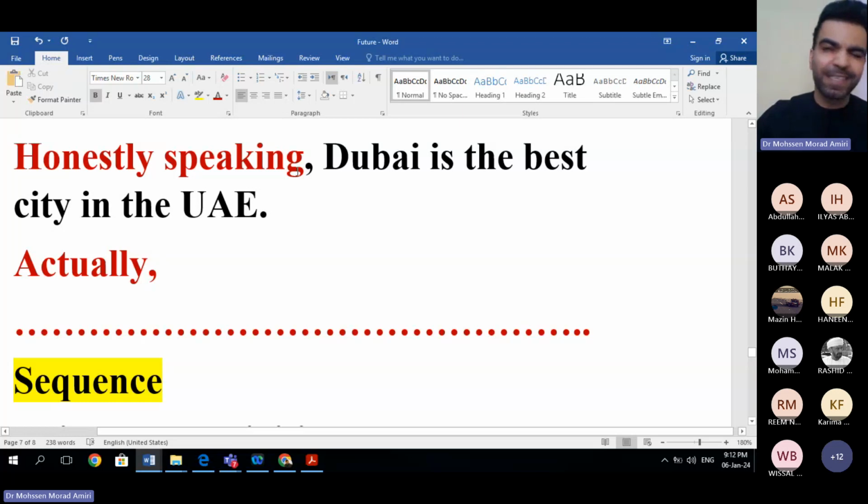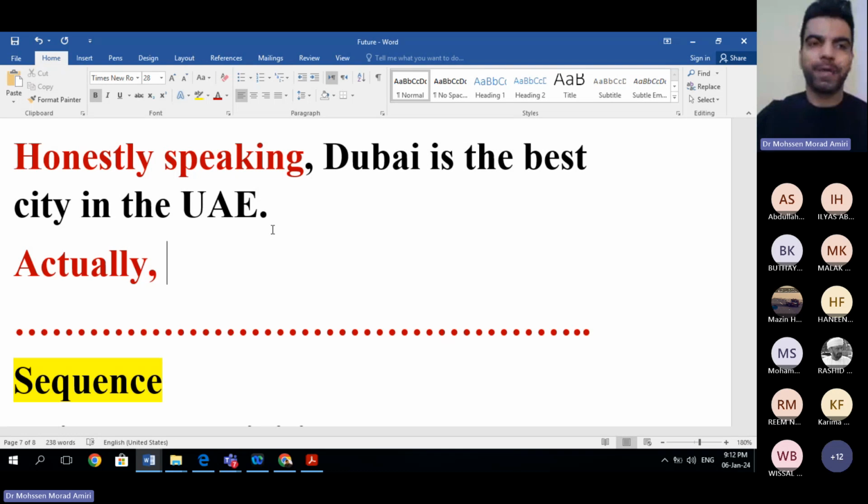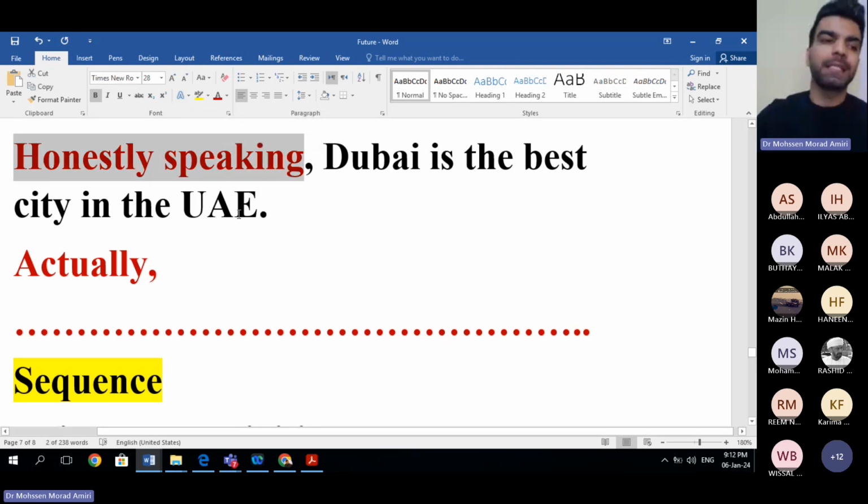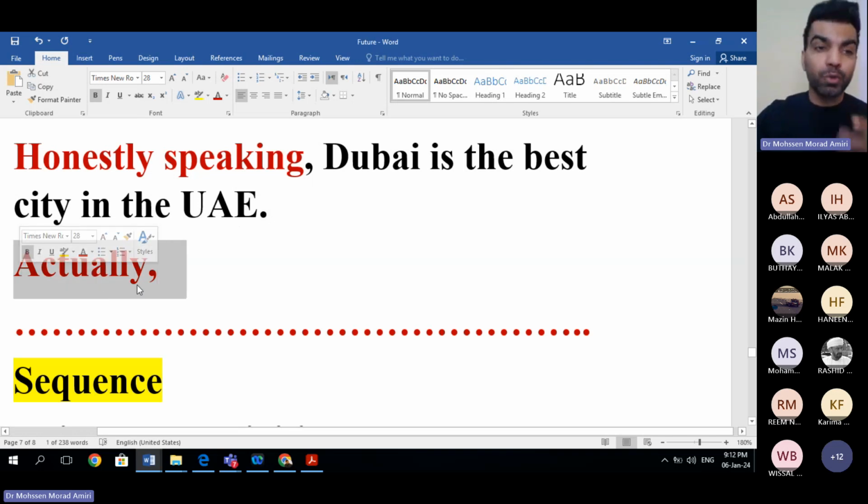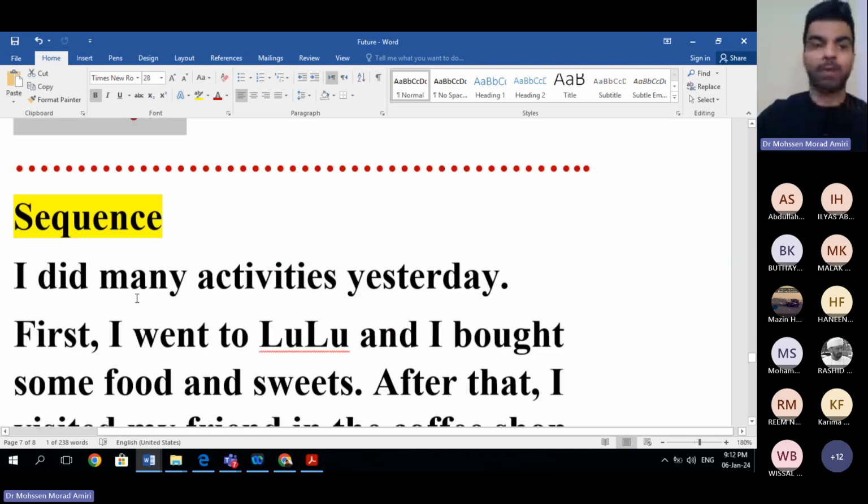This is also nice, some nice sentences that you can use tomorrow when you're writing. Honestly speaking, Dubai is the best city in the UAE. Honestly speaking, I enjoyed a lot. Or actually, في الحقيقة. Okay, so these words will help you a lot.